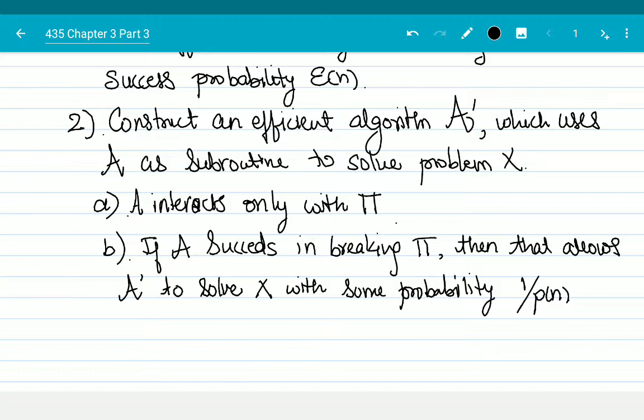Now note 1 over P of n is not negligible.